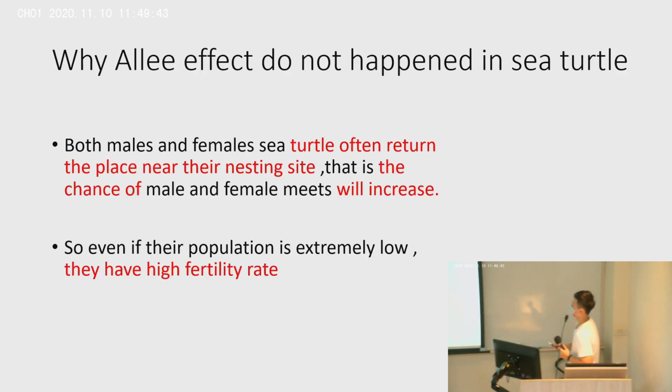And why does the Allee effect not happen in sea turtles? Because both male and female sea turtles often return to the place near their nesting site. That is, the chance of males and females meeting will increase. So even if their population is extremely low, they have a high fertility rate.